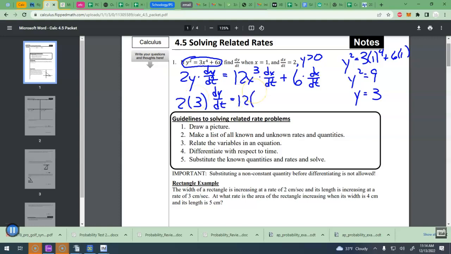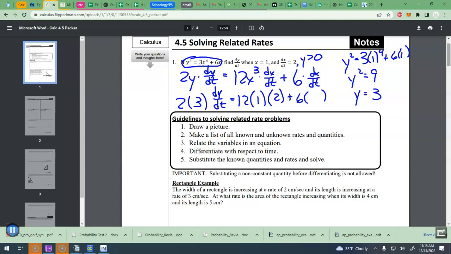And x is 1. What is dx dt? It's 2. What does it represent? The rate of change of x. It's like the velocity of x. So this particle's moving all over the place in circles and squiggles, but it's always going to be moving a certain amount in the x direction and a certain amount in the y direction.